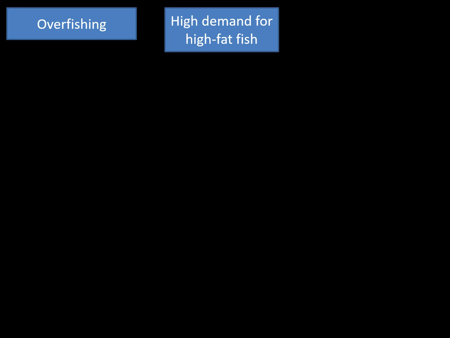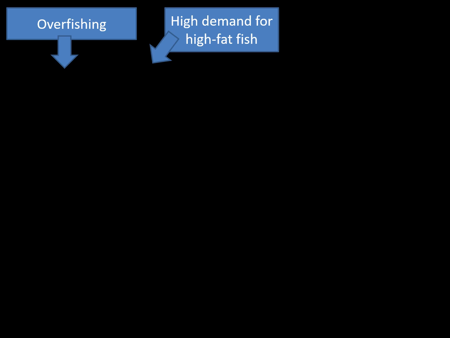First, thanks to the humans, thanks to their love and high demand for fat-rich fish that taste really well, such as perch and herring, the population of fat-rich fish declined in the Aleutian coastal ecosystem.